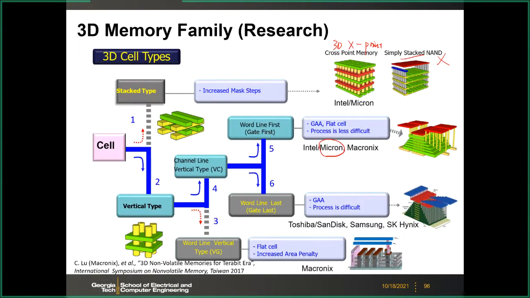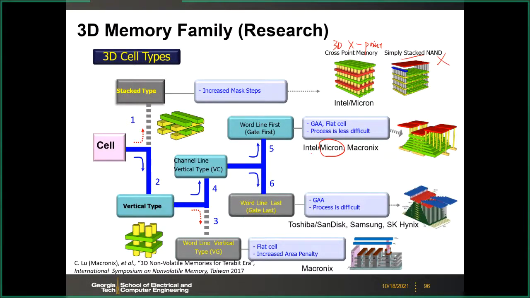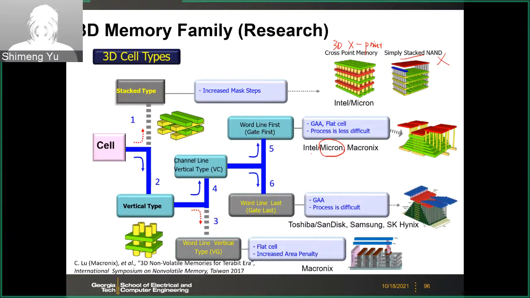So I would say nowadays, there is a history here. Intel and Micron historically worked together to develop the 3D NAND flash, and they used this gate first approach. But I think those two got divorced like 2 or 3 years ago. Now Micron joined this approach, and only Intel is working on the gate first process.